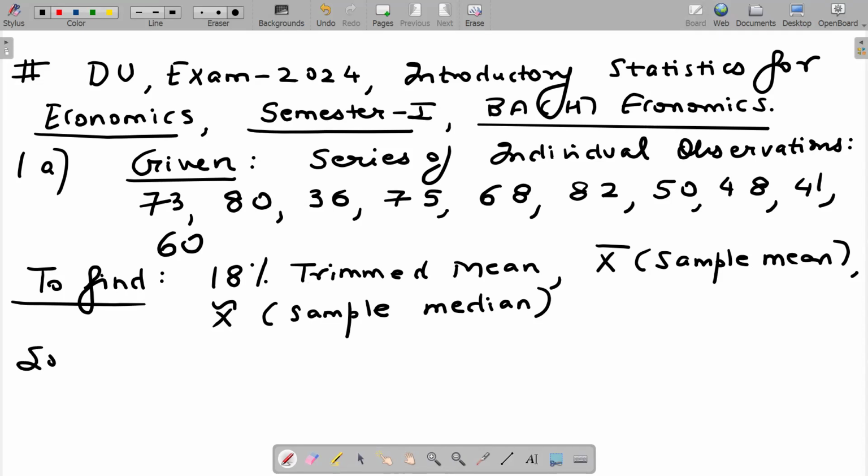First of all, I arrange the data in ascending order. How does it look? I start from the smallest value and go to the highest.